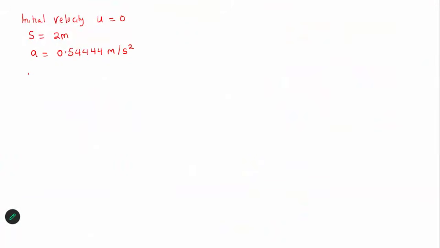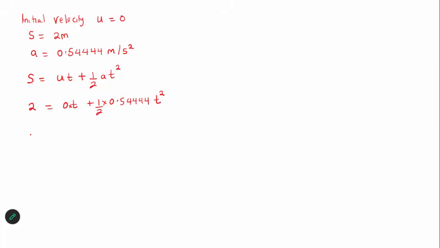So we use S equals ut plus a half at squared. Our S was 2, the distance the particle moved. Our u was 0 times t, plus a half times acceleration, which was 0.5444, times t squared.